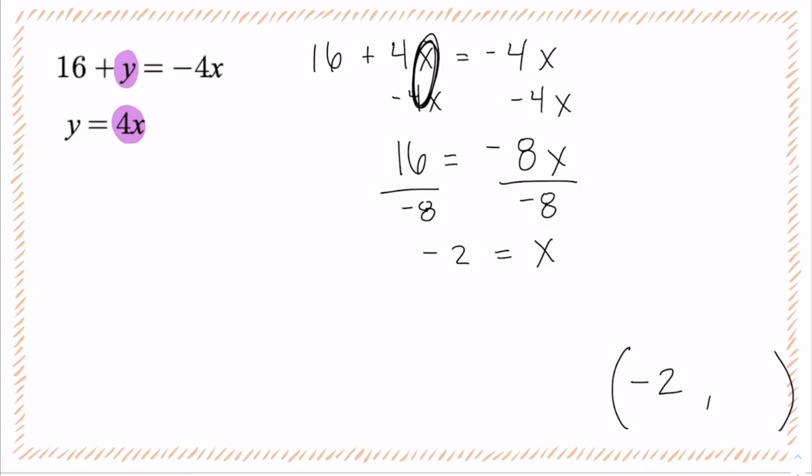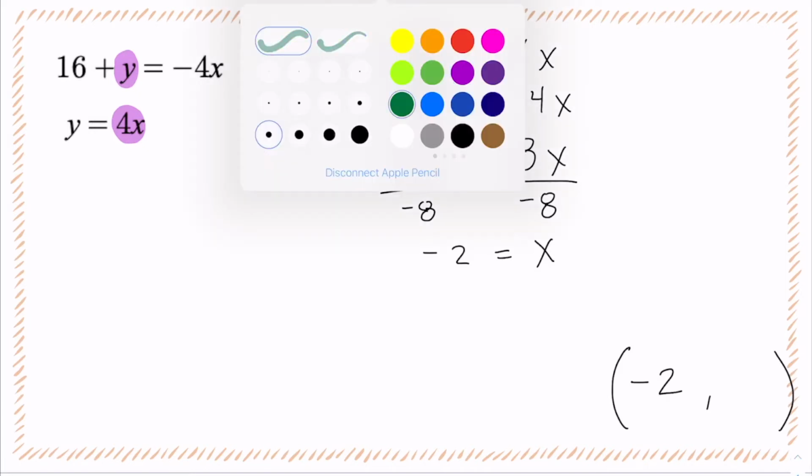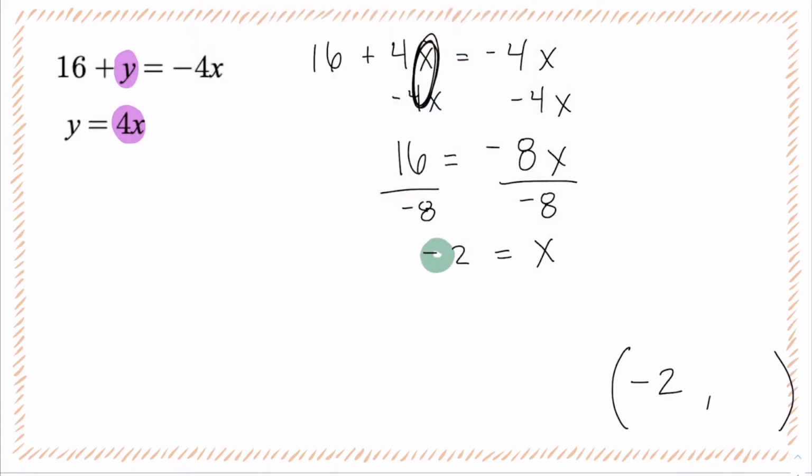So now I'm going to be substituting in negative 2 for x, because that's what x equals. So y equals 4 times negative 2, which gives us negative 8. So our solution to this system is negative 8.